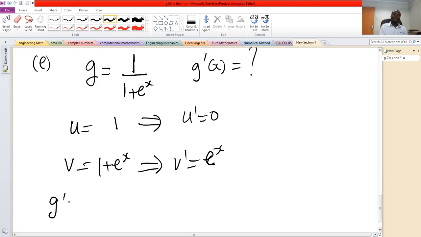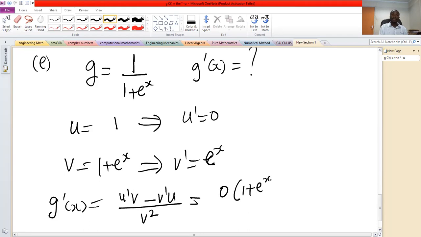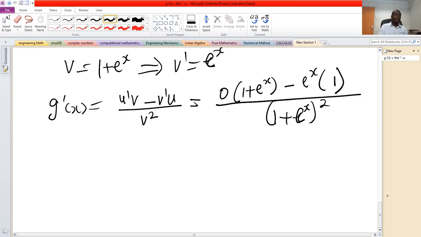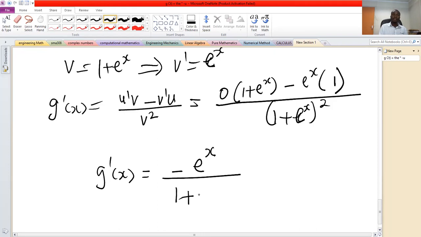So g prime of x will be u prime v minus v prime u divided by v squared, which is 0 times 1 plus e raised power x minus e raised power x times u, which is 1, divided by 1 plus e raised power x squared. And then g prime of x will be, this will be 0, so we'll have negative e raised power x, and then divided by 1 plus e raised power x squared.